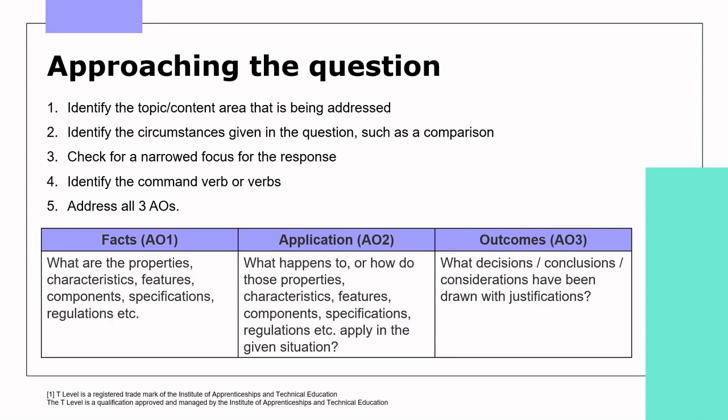The second column is to consider the specific circumstances in that question, and how does that circumstance or situation affect the facts, or vice versa? Do the facts impact on that situation? And then the final column is for the student's overall decision or outcome. So what's the best decision to make with those reasons given, or what determination has been drawn with justifications, etc.